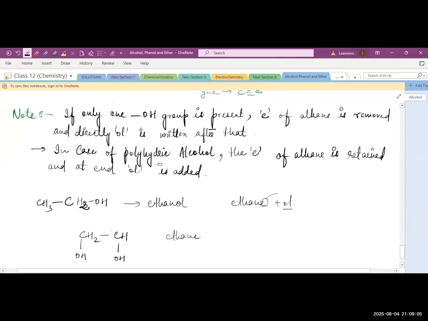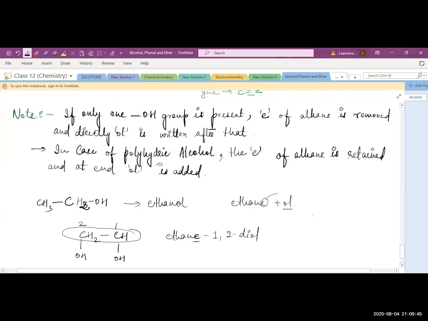Ethane, right, one and second position, basically this is your parent chain and on both the carbons the hydroxyl group is attached, so ethane 1,2-diol. So here you can see I have written the E of ethane also; there is no need to remove this E when the number of hydroxyl groups is more than one. But if only one hydroxyl group is there, you have to remove E and just add the ol group, as in ethanol. Clear?